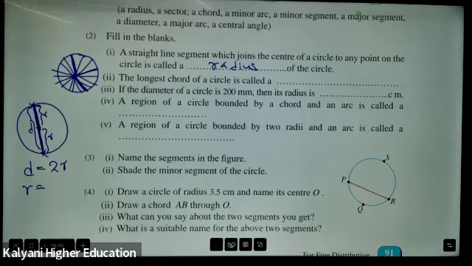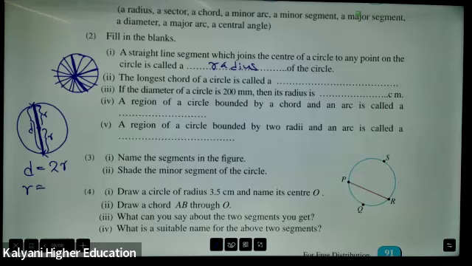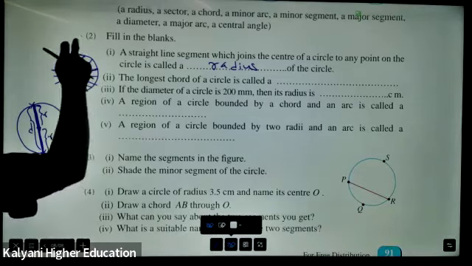No, I am asking the relationship between the diameter and the radius. This is grade 6 work. The diameter is twice the radius. Then the radius is what? Half. Very good. Very nice answer.